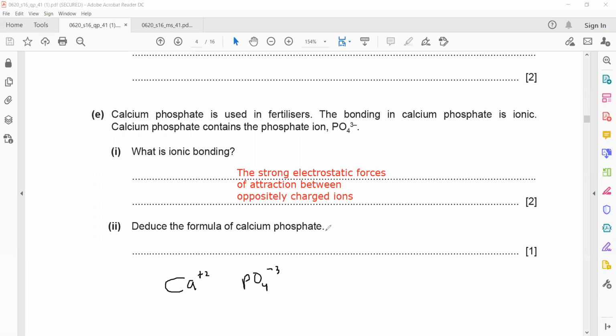So when you cross multiply, it will be Ca3(PO4) in a bracket 2. Is it clear?